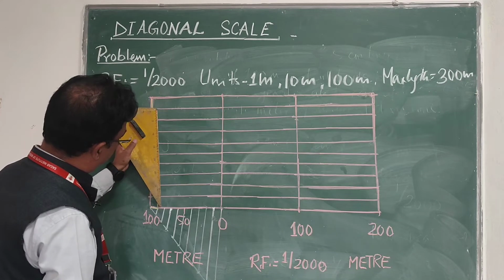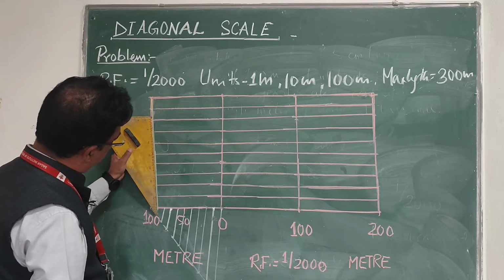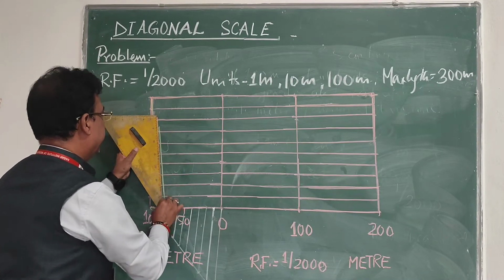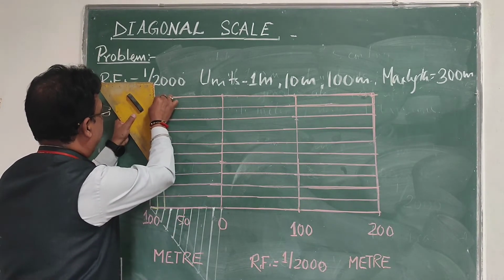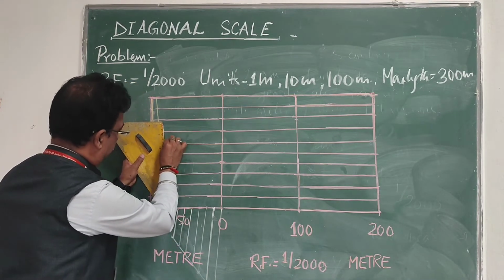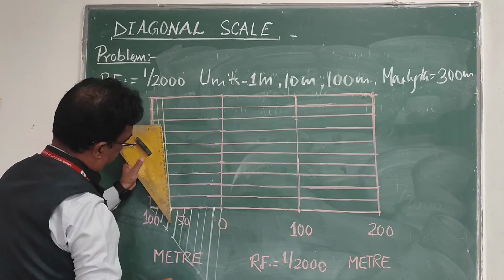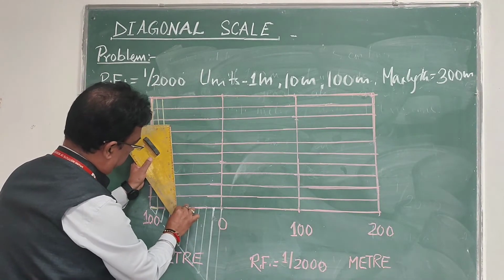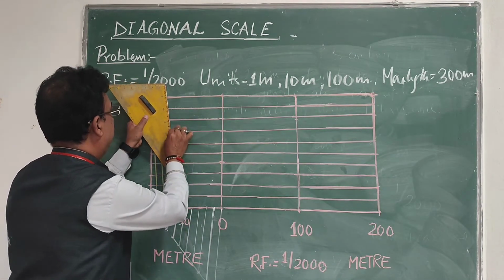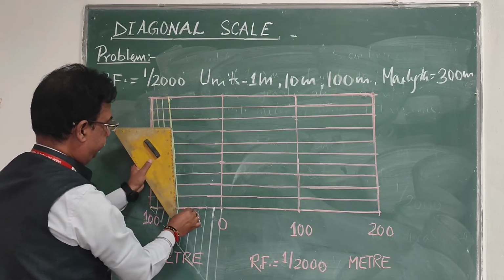Now the same lines, I will mark lines parallel to this line from all these points like this. I will draw lines like this. So parallel to that inclined line, I am going to draw lines, and this will be generating the concept of diagonal that we earlier discussed and studied. So these lines are like this.